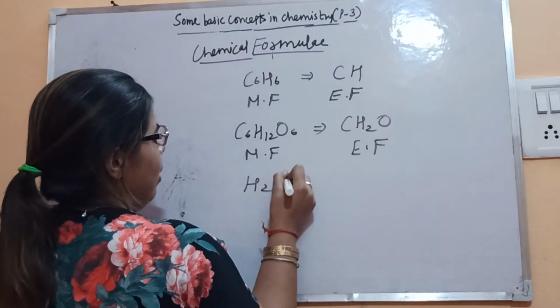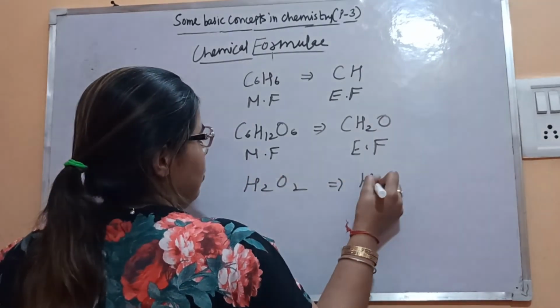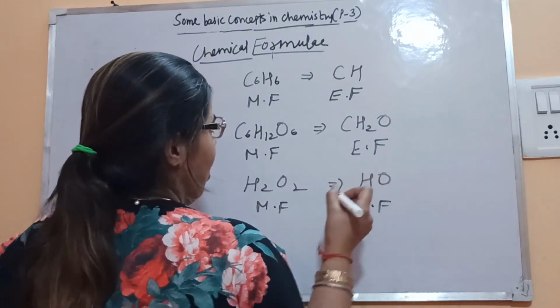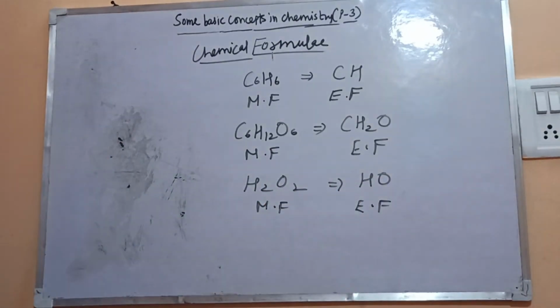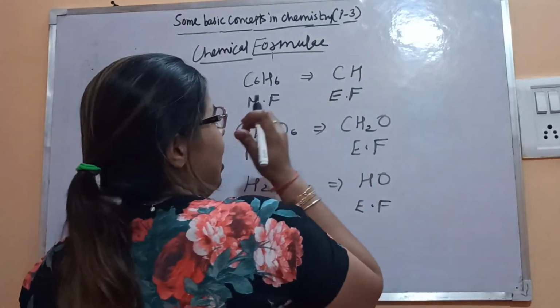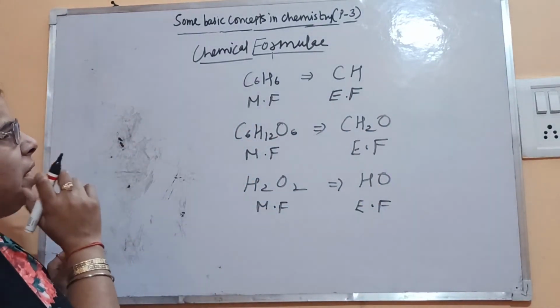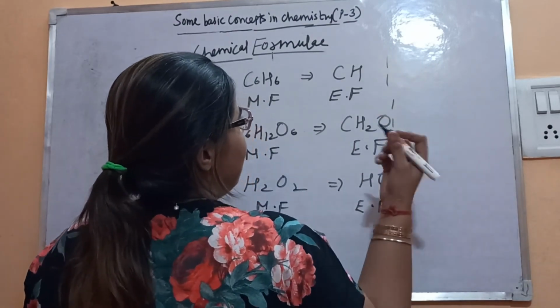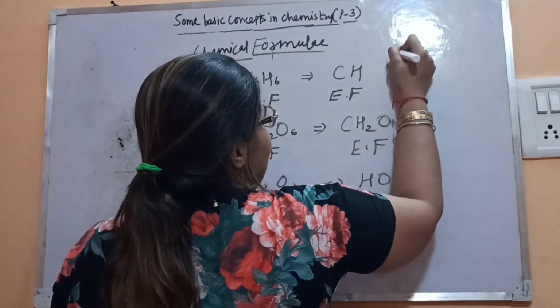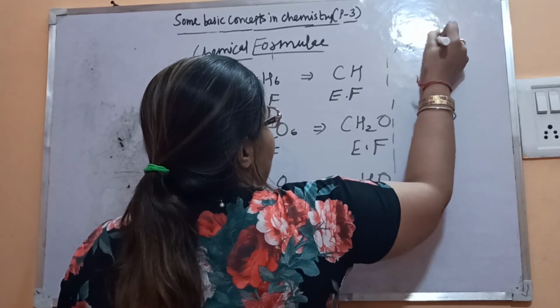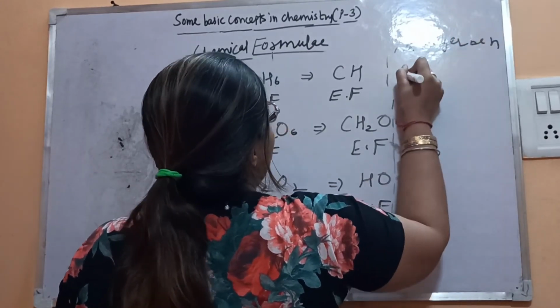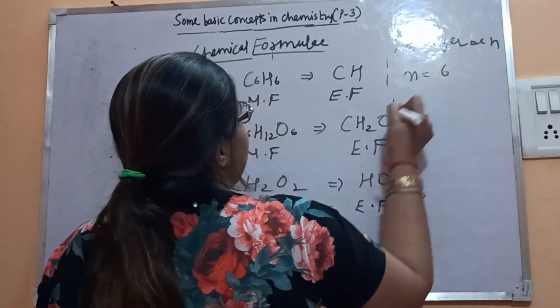Hydrogen peroxide, this is the molecular formula, this is the empirical formula. So how are they all connected? Here they are interconnected with the integer 6. Let's say that integer is n.